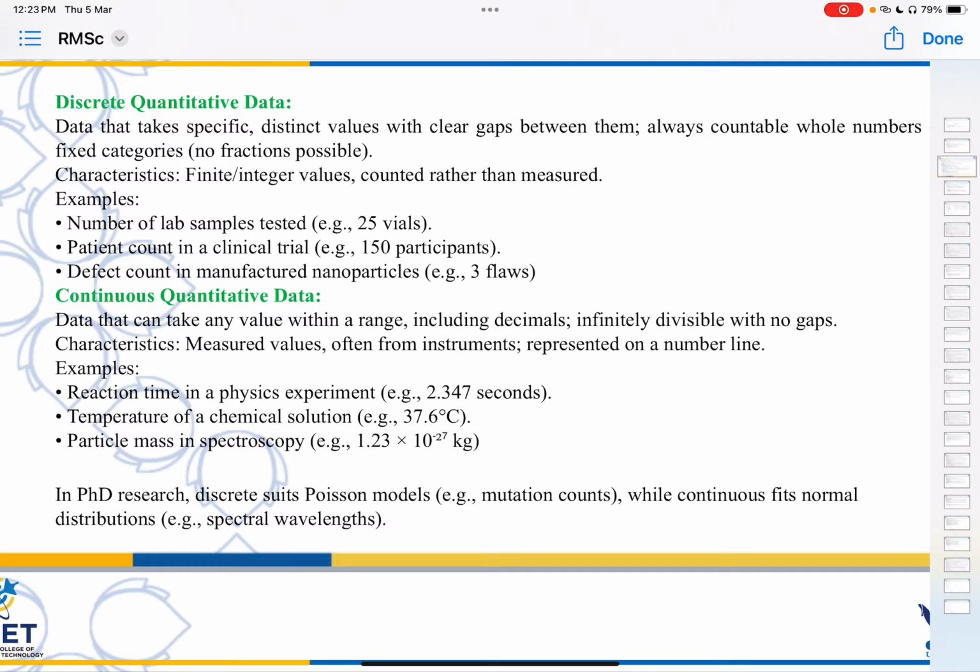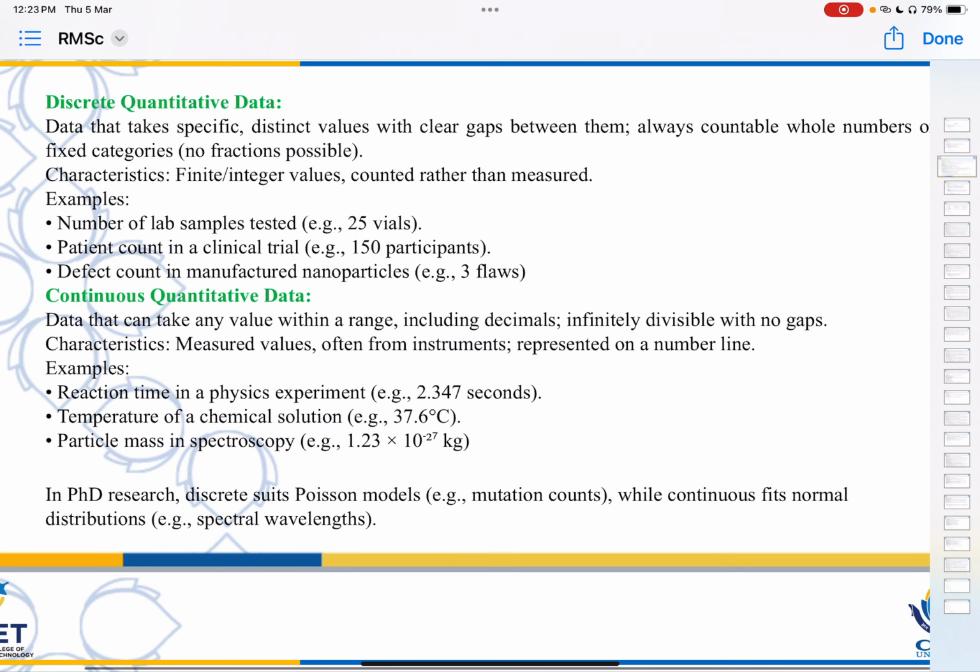Like reaction time in a physics experiment, which can be 2.347 seconds, the temperature of some chemical solution, or the mass of some particle in spectroscopy. Those are continuous quantitative data.